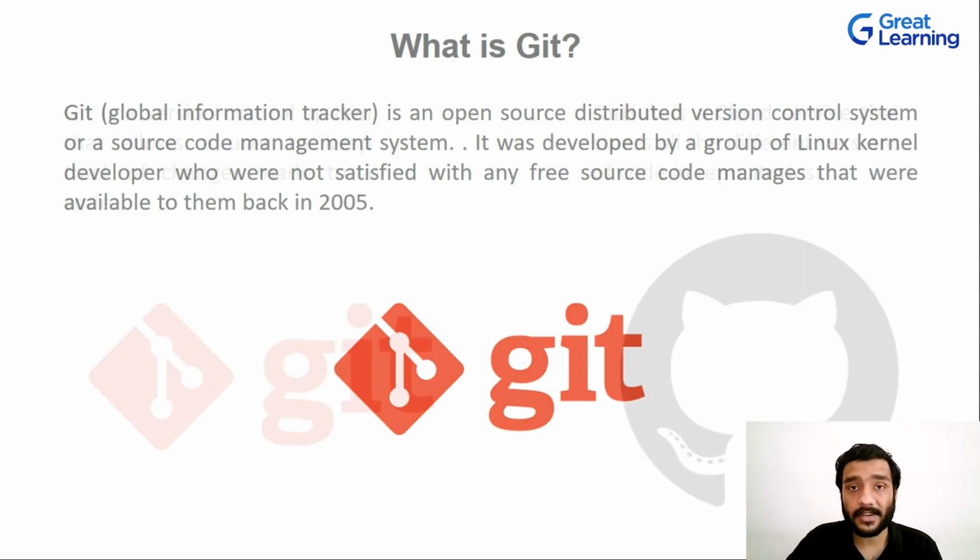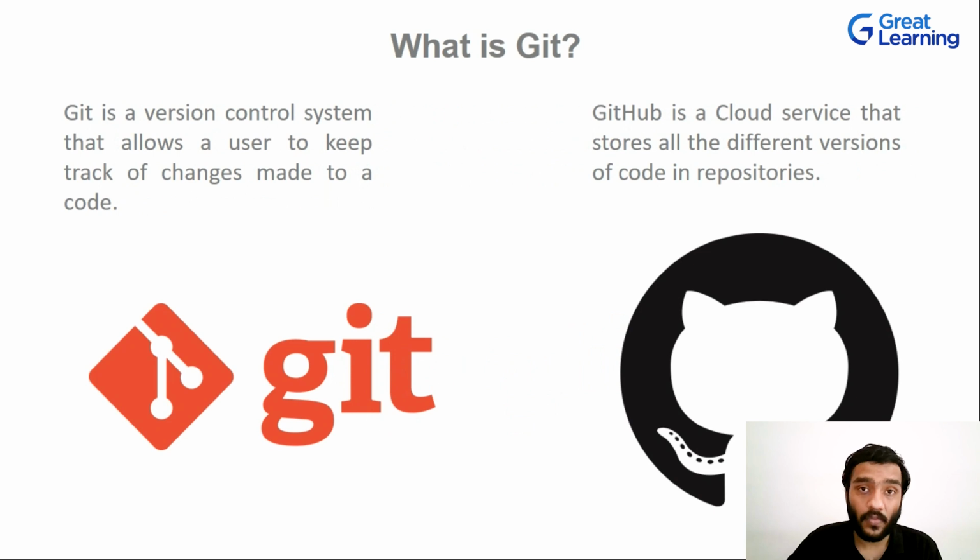Now, let us discuss what is Git versus GitHub. Git is a version control system that allows the user to keep track of all the changes made to a code, whereas GitHub is a cloud-based service used to store all the different versions of a code in different repositories. So that's the difference between Git and GitHub.